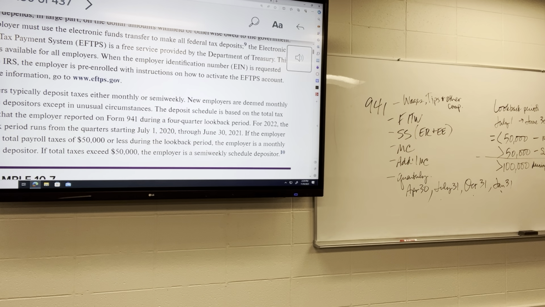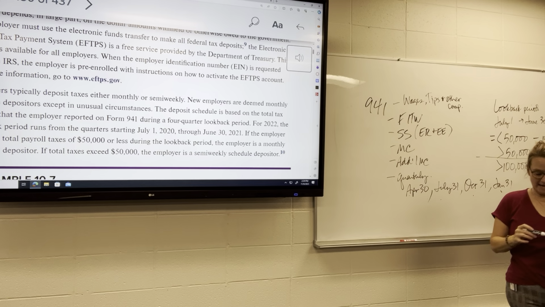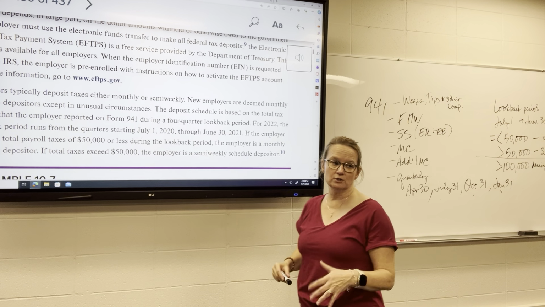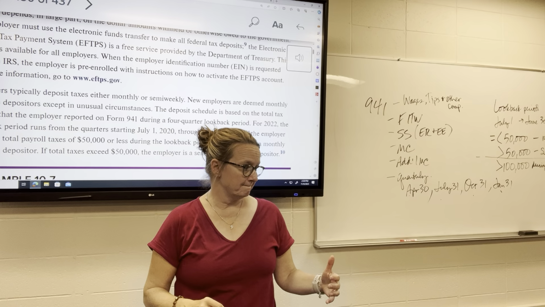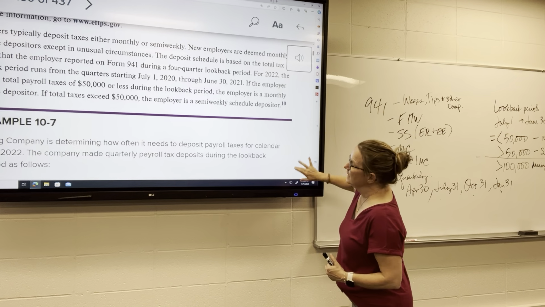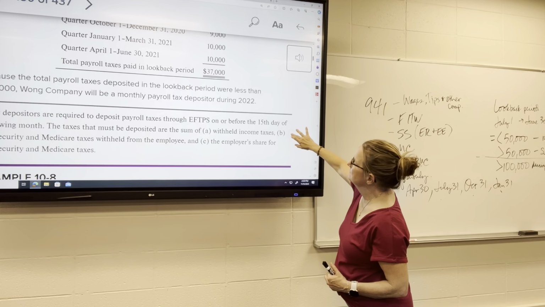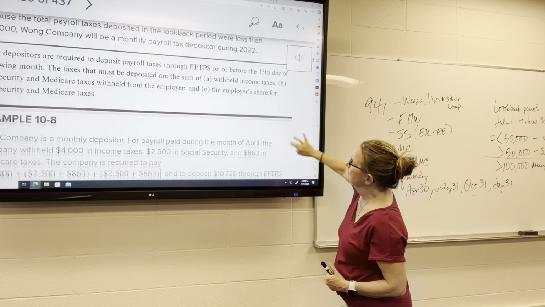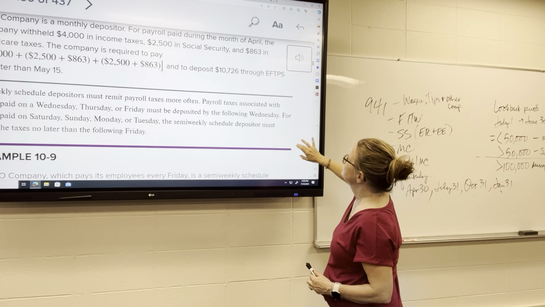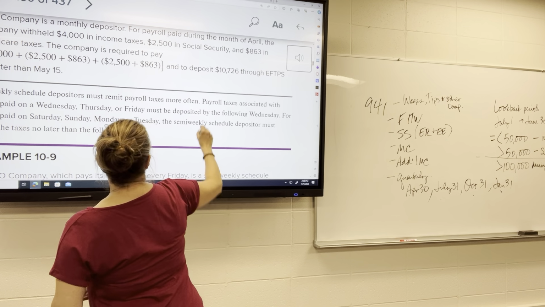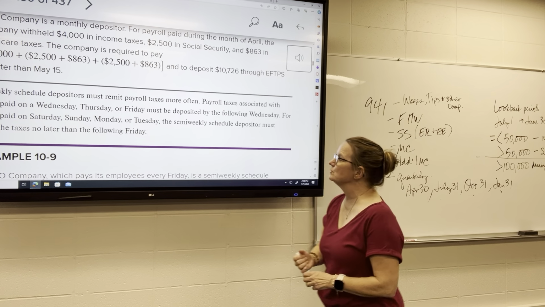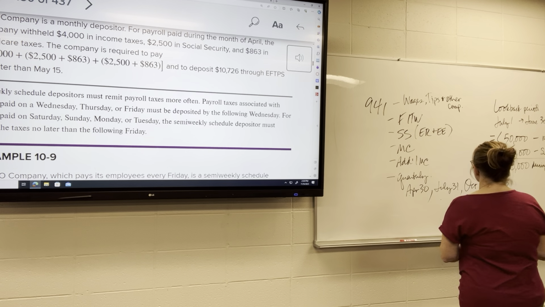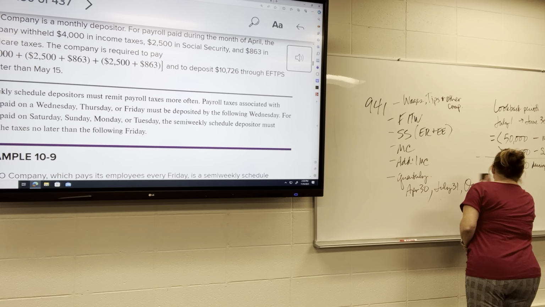Semi-weekly, the deposit is either going to be due on Wednesday or Friday. One of those days. And it depends upon when you had your payday. So payroll taxes associated with payrolls on a Wednesday, Thursday, or Friday.